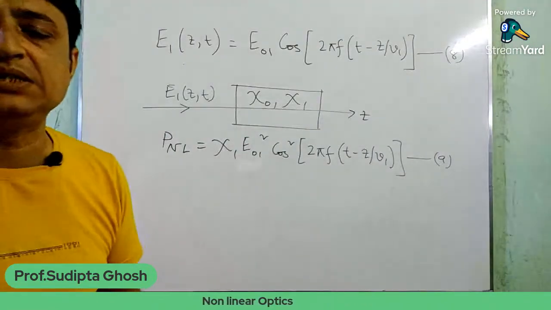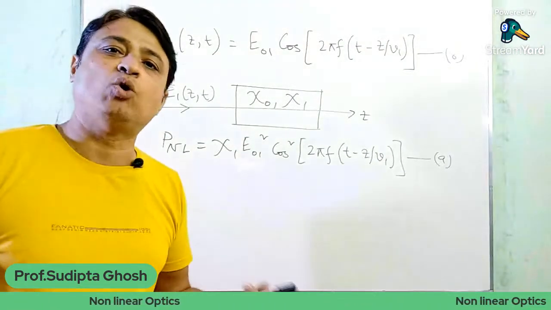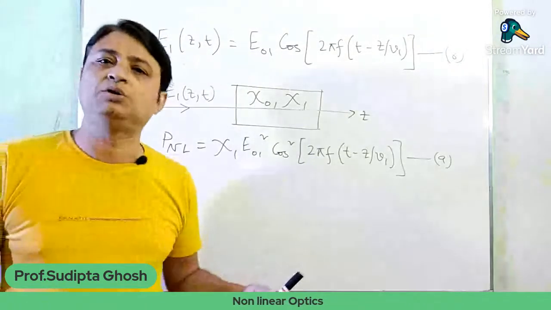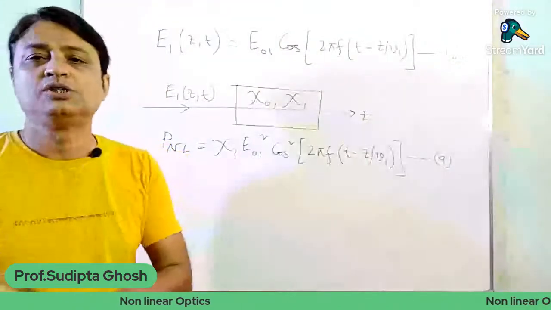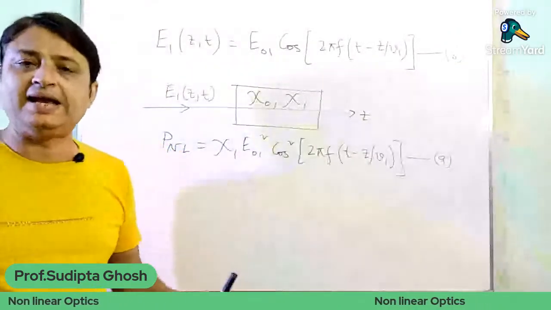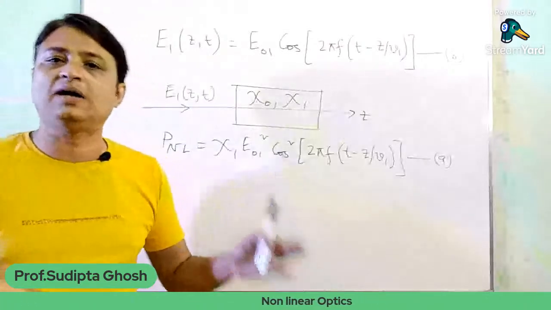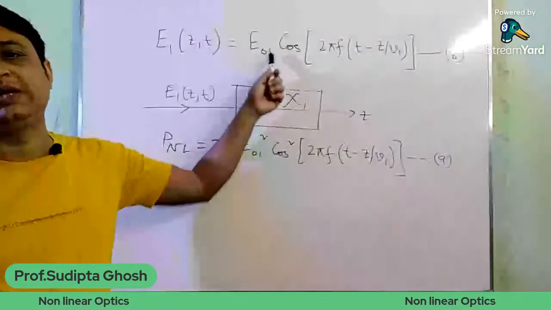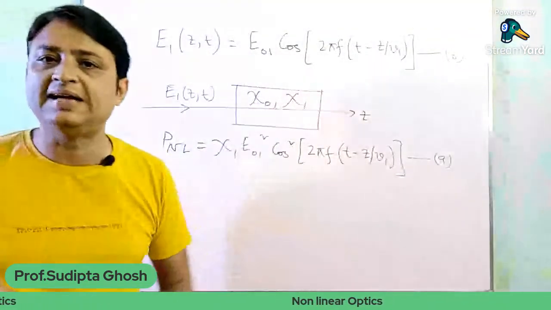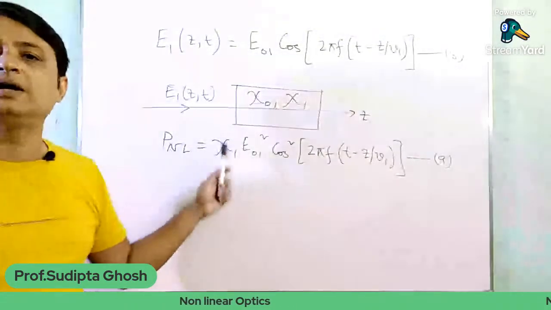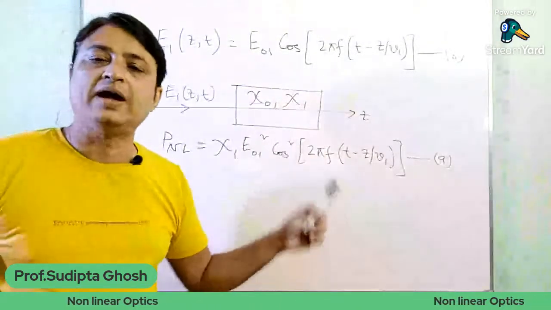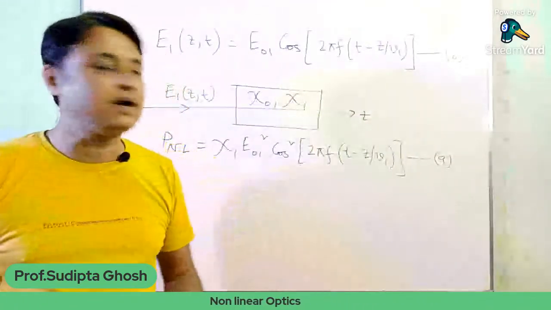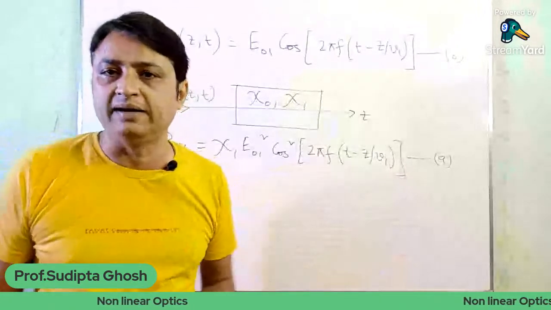As I have mentioned, we are considering only the first order nonlinear effect, so I have written PNL, which equals chi1 into E square. In E square I have substituted the value from equation number 8, and we have chi1 E01 square cos square 2 pi f into t minus z by v1, and that is equation number 9, right?